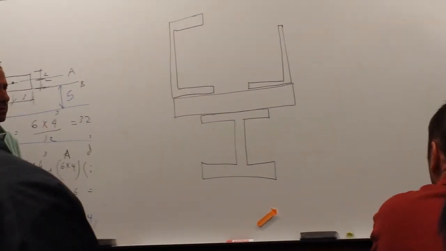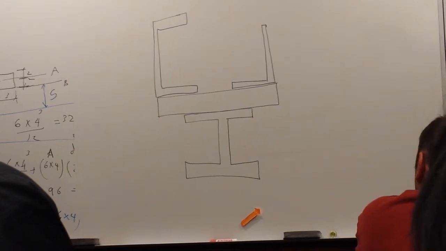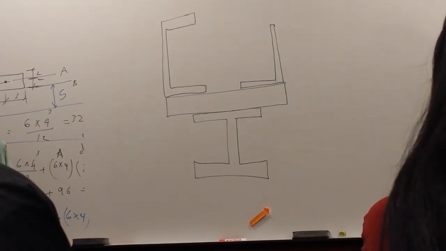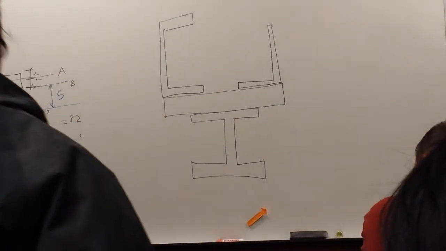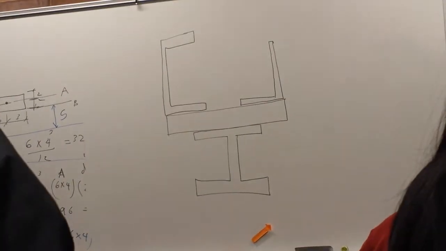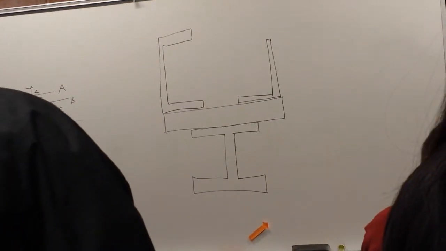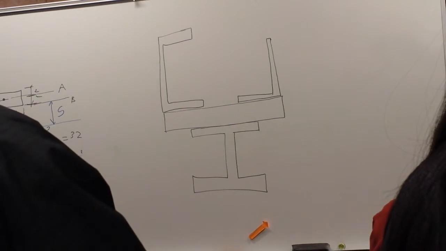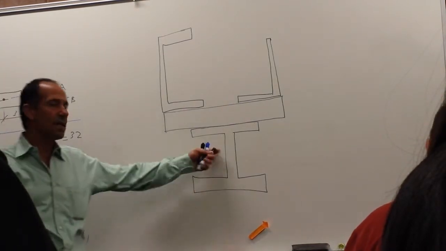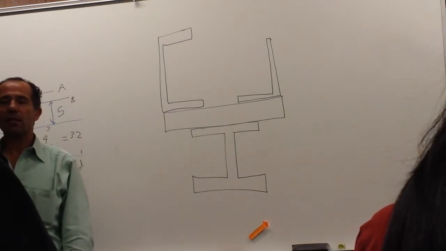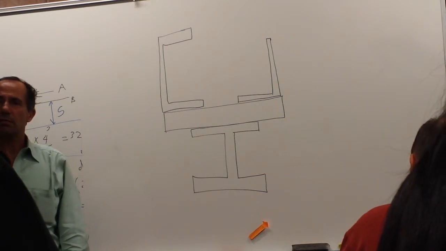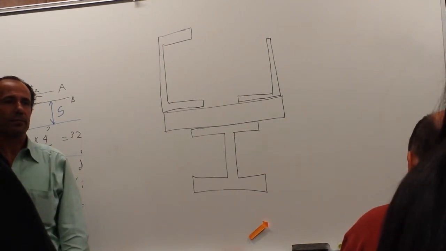This structure is 1, 2, 3, 4, A, B, C, D. Okay? Because we need to cover everything. One of you go select a C channel, another person select an L channel, and another person select an S channel, whether metric or whoever starts will follow him or her.